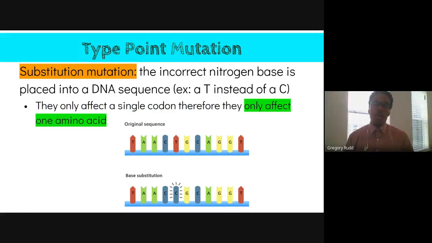You could end up with one that is different, but you might end up with the same one because we know that multiple codons often code for the same amino acid. We saw that when we practiced with the codon charts last week. So a substitution mutation is when the incorrect nitrogen base is placed into a DNA sequence. So you put a T instead of a C, or a G instead of an A, or a G instead of a C.